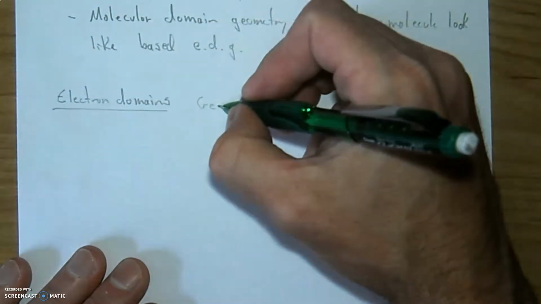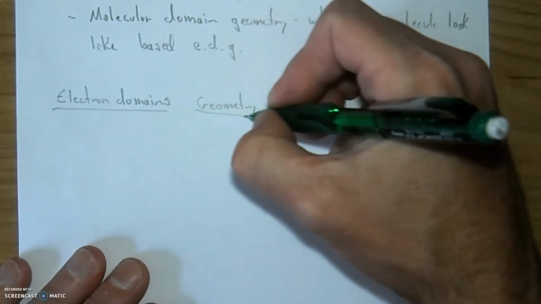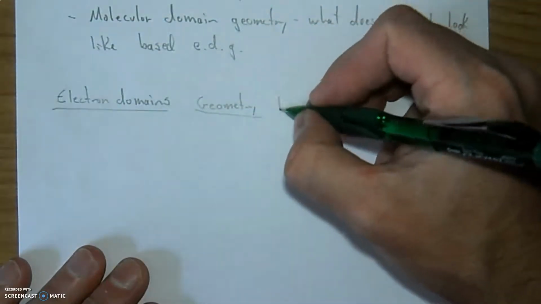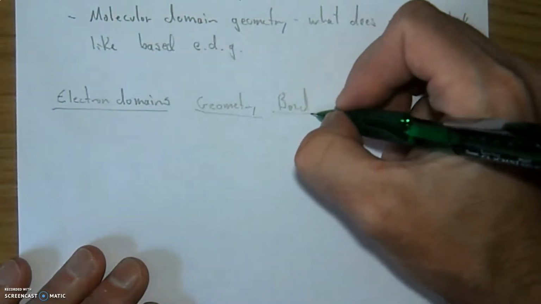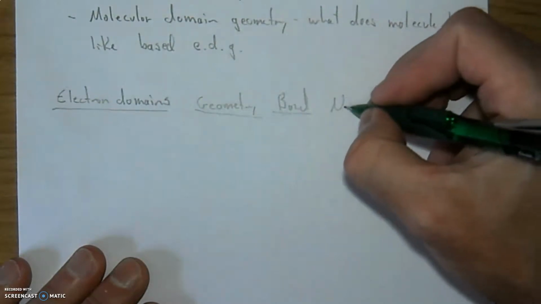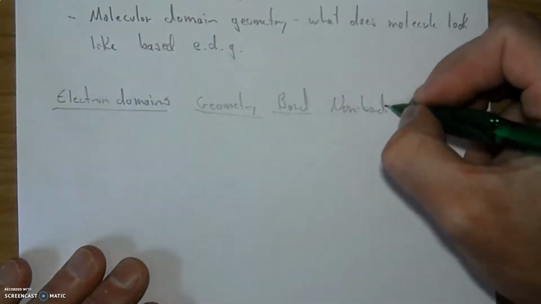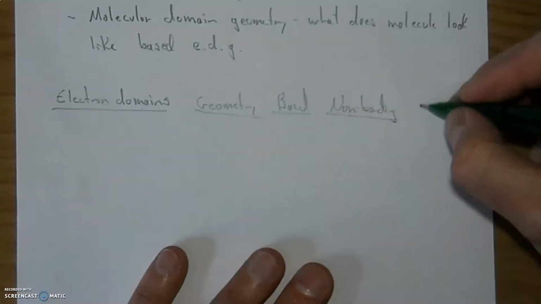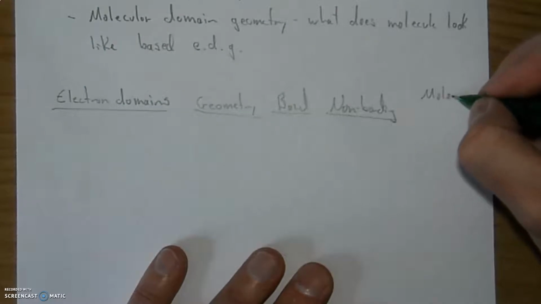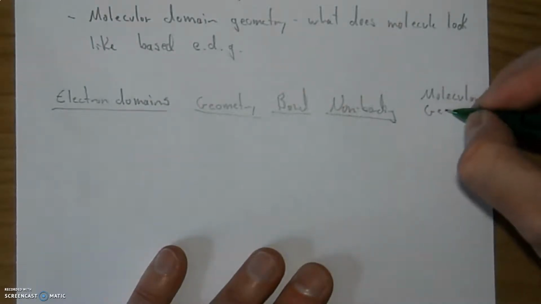Based on that, the geometry. How many bonds are hanging out there? How many non-bonding pairs are out there? And then the molecular geometry.